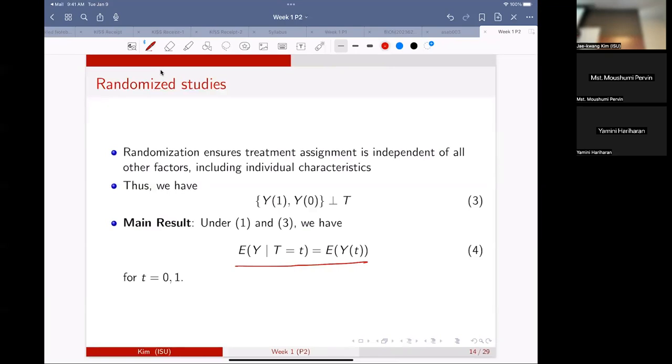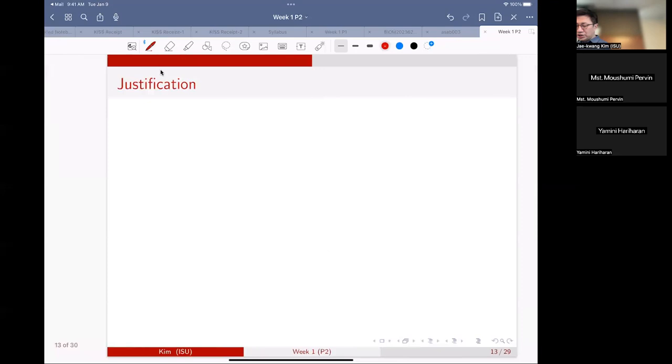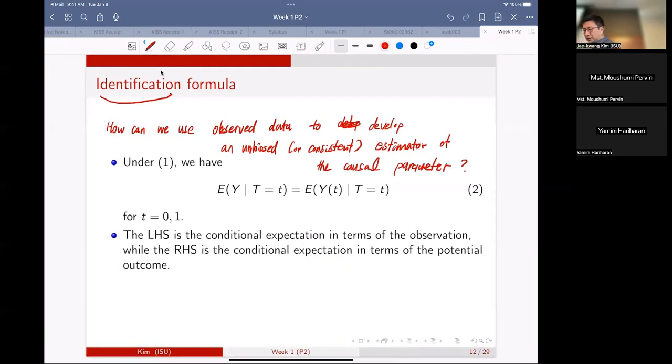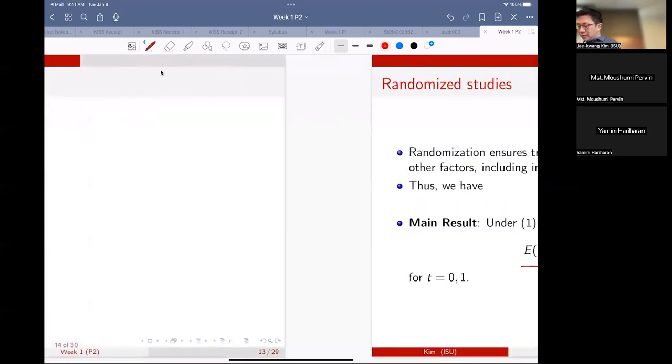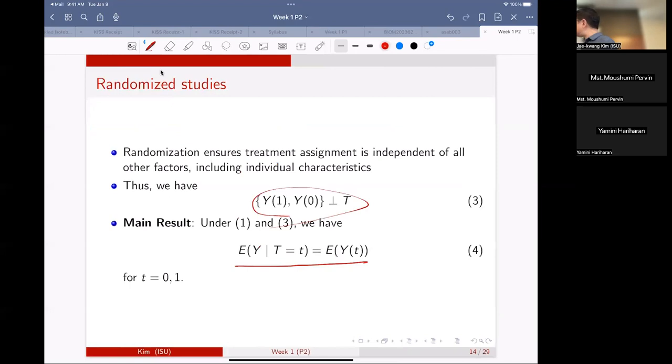So that is a kind of identification strategy. This is the simplest possible identification strategy, but because we use a strong assumption such as randomization, we can identify the parameter easily. But if we cannot really assume that, then it's more complicated.